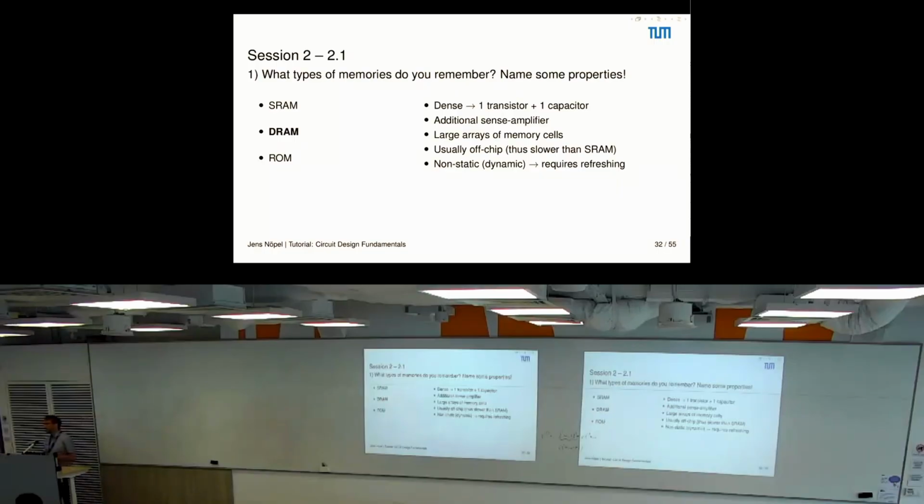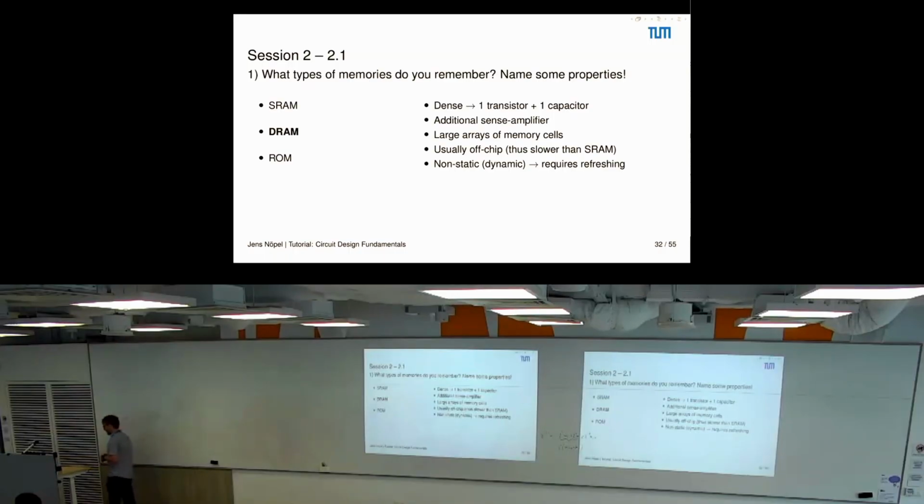Usually they are not on-chip like SRAM, but off-chip, a separate chip that is connected to the processing chip, to the SoC, via a bus interface. This makes it a lot slower than SRAM. So this is a bit the downside of it.